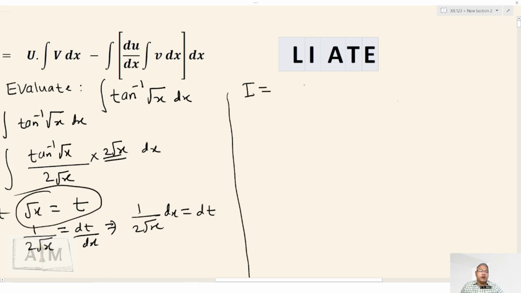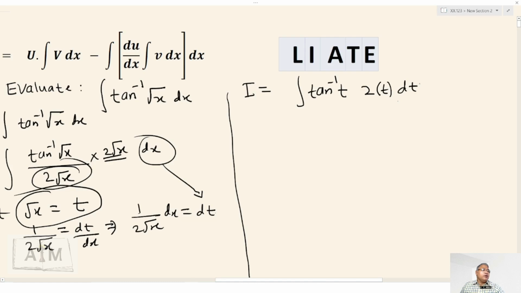Therefore, I equals integration of tan inverse. In place of root x, write t, and 2 root x. So root x equals t here, and 1 upon 2 root x dx, this and this gone, and in that place dt has come. So write dt here.